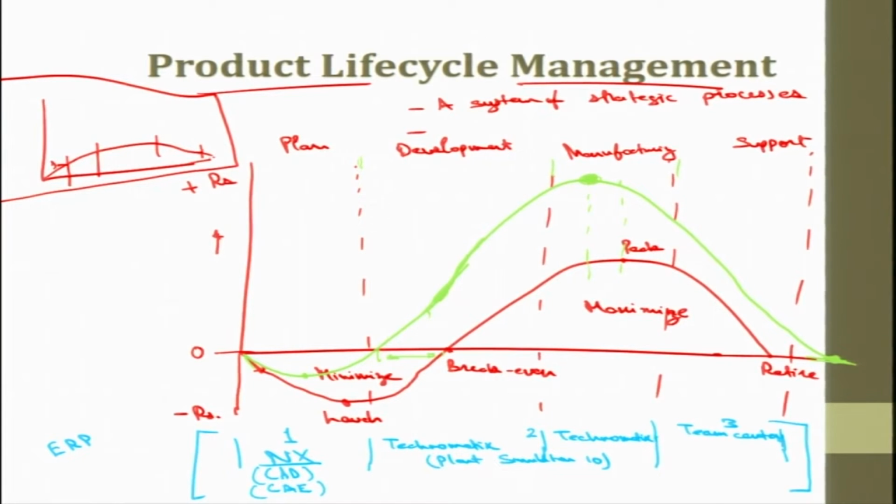Teamcenter is more focused on ERP, but yes, we can say that complete enterprise resource planning can happen, and we can even simulate. The simulation happens more in NX and Technomatics, and in Teamcenter what happens, whatever we have manufactured, the cost which has been incurred for manufacturing, and if we need to change something, because this is planning, and between the planning and the actual production, there is a difference.